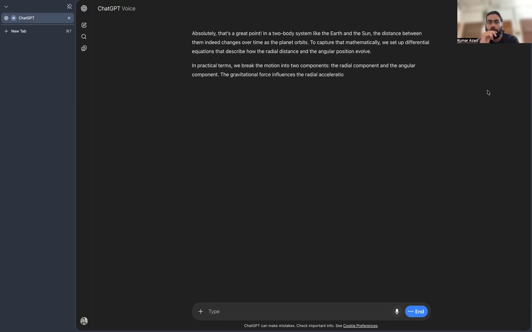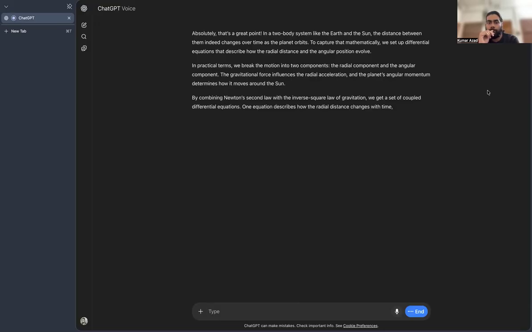The gravitational force influences the radial acceleration, and the planet's angular momentum determines how it moves around the sun. By combining Newton's second law with the inverse square law of gravitation, we get a set of coupled differential equations. One equation describes how the radial distance changes with time, and the other describes how the angle changes.